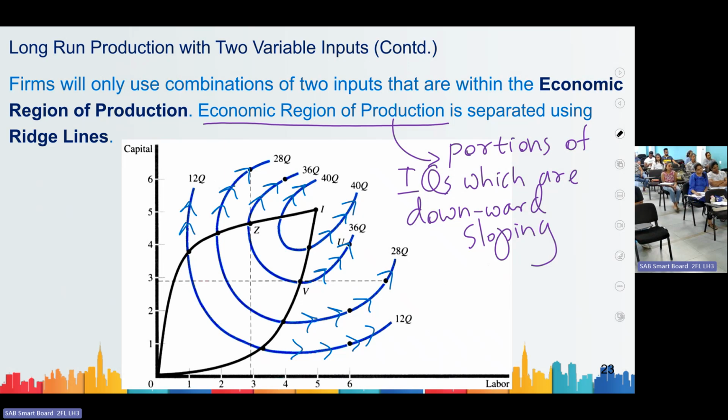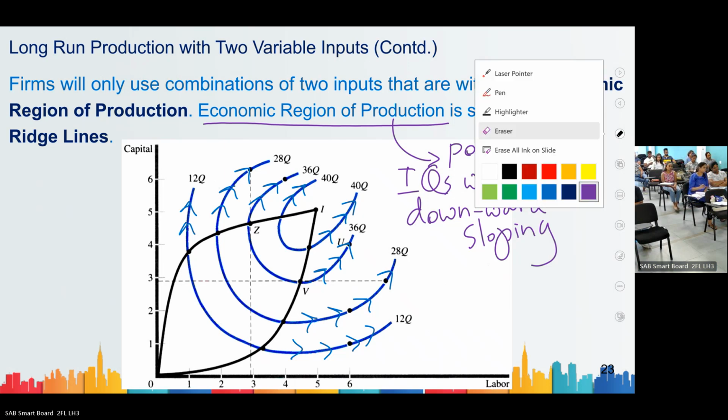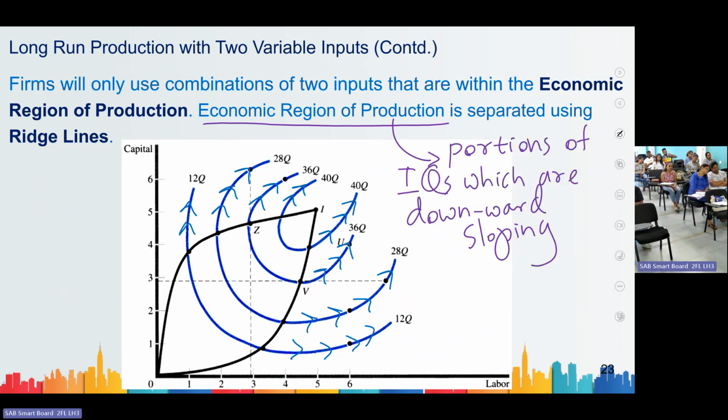This is the upper ridge line. This is the lower ridge line.